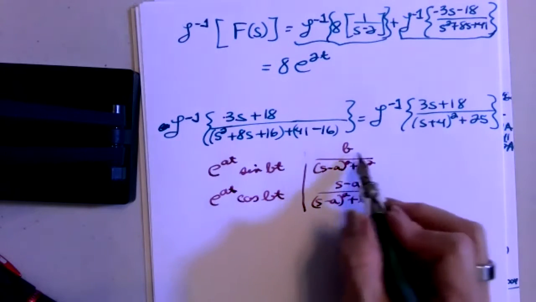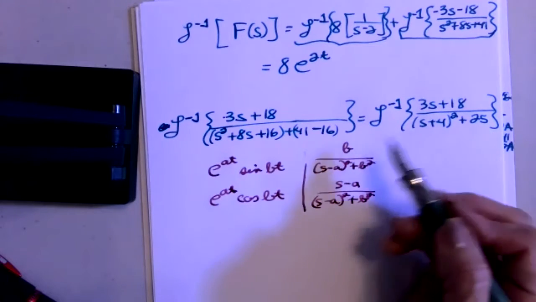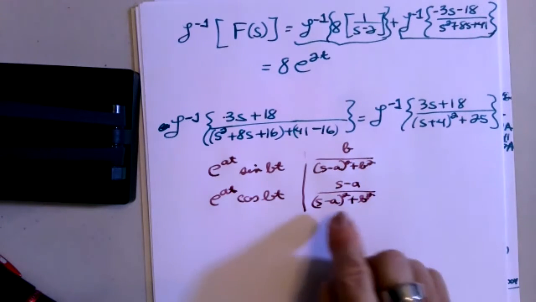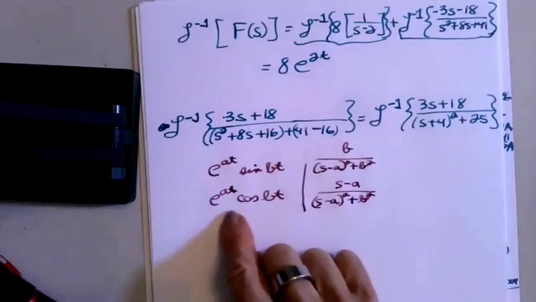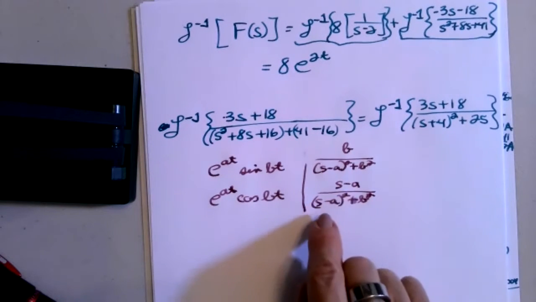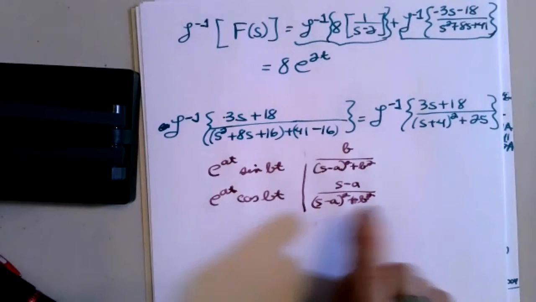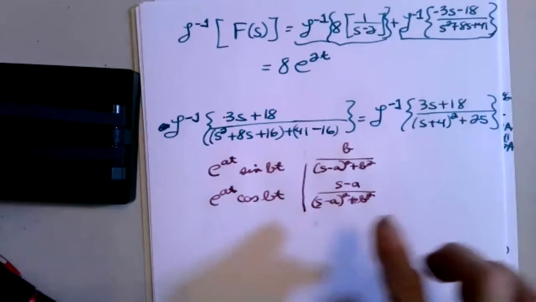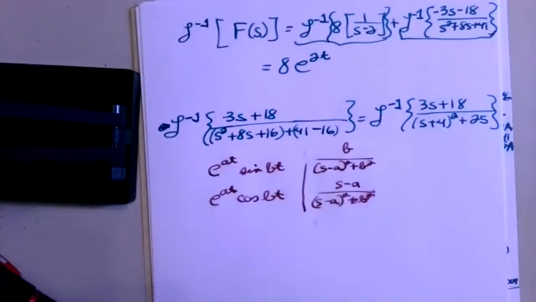The constant one, the sine one, you can always adjust for because the Laplace transform's linear, so you can move constants around. But to get the cosine one, you have to have s minus a in the top, not just any old thing. It can't be s or s minus something else. The same factor has to be in the numerator.